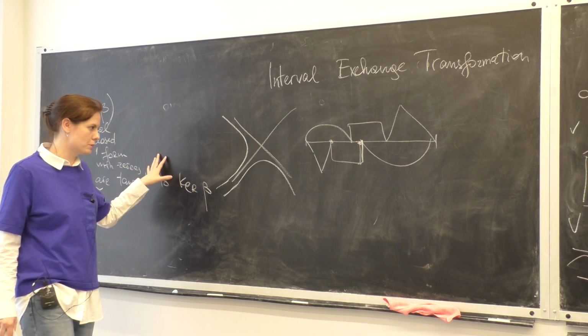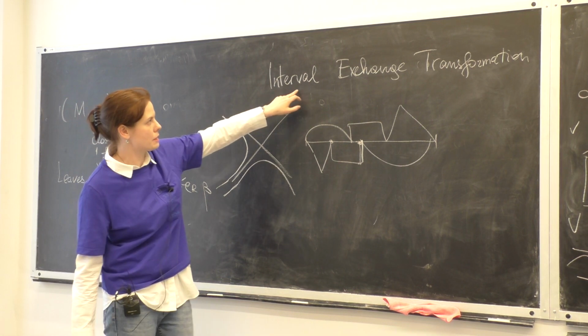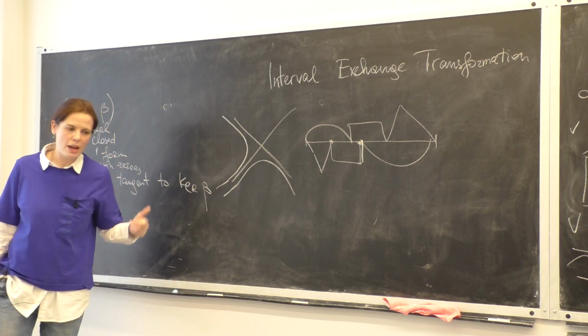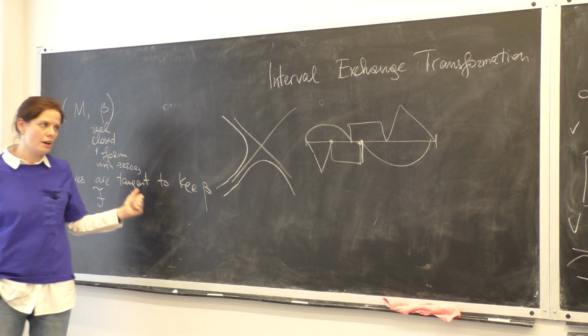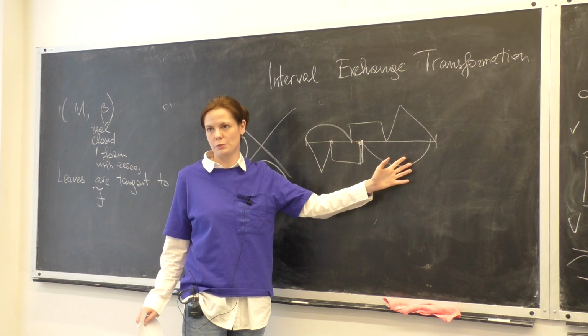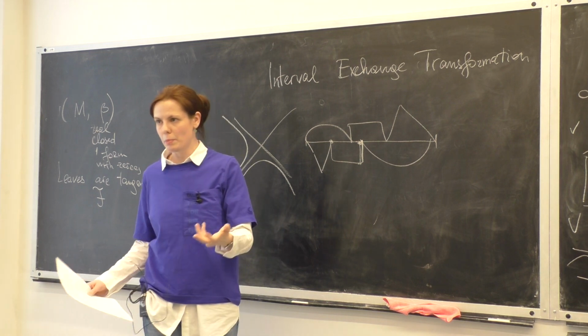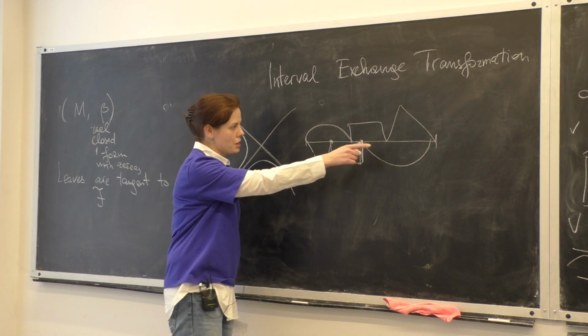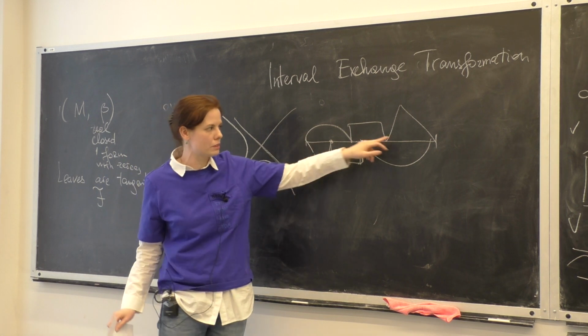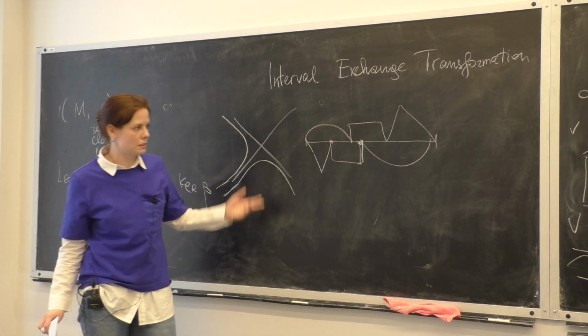If you have a measured foliation on a surface, you can always build an interval exchange transformation. And the question about the behavior of leaves of your foliation can be replaced by the question about orbits of the interval exchange transformation. What does orbit mean? It just means that you have a collection of measure-preserving isometries. Altogether, they provide a map from an interval of the real axis to itself.